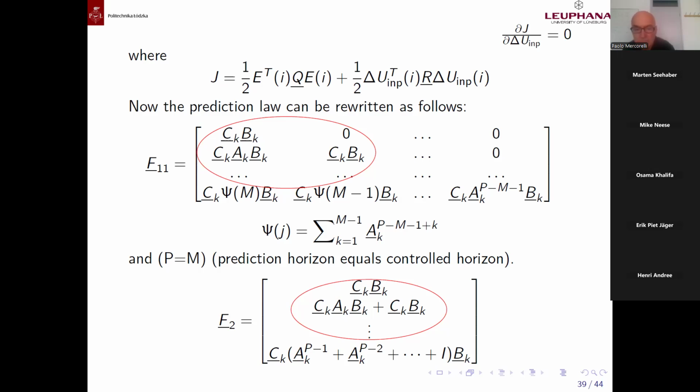And again, why this F2? Because you have just one input at K minus 1, UK minus 1. Therefore, one column.